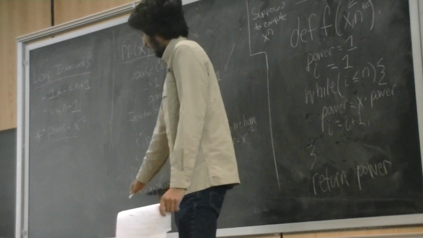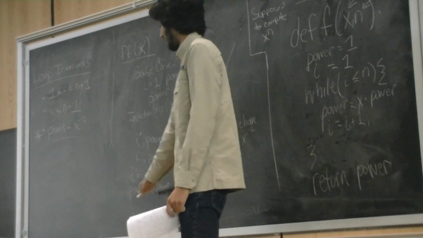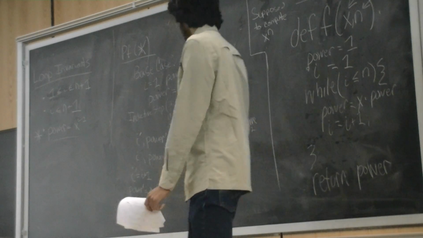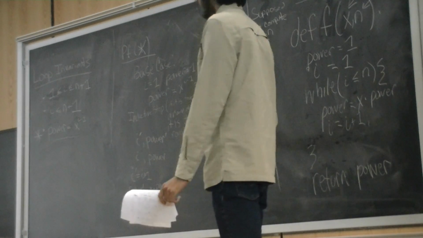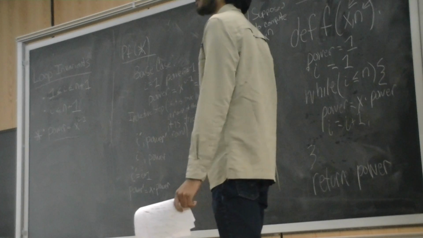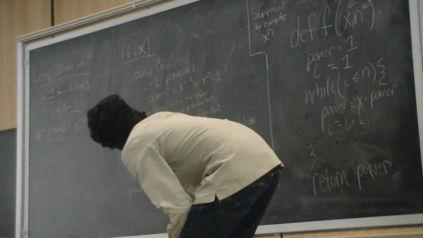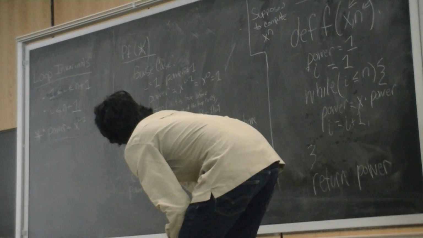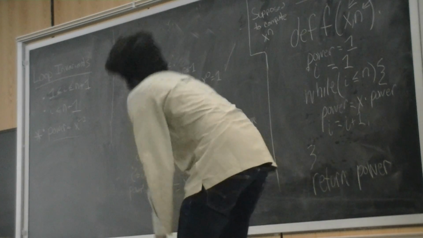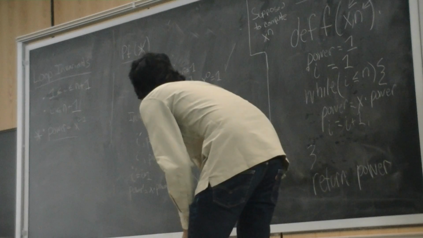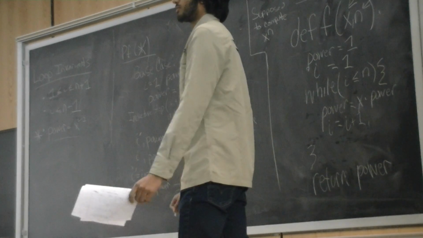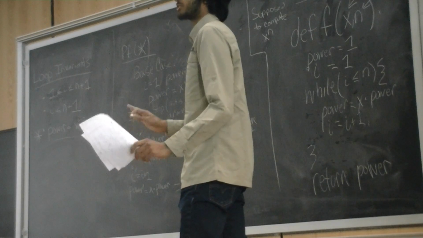So, let me just expand this. I have that power prime is equal to x times power. By the inductive hypothesis, I have that power is equal to x to the I minus 1. So this is going to be equal to x times x to the I minus 1, which is equal to x to the I. Now, I'm almost done.